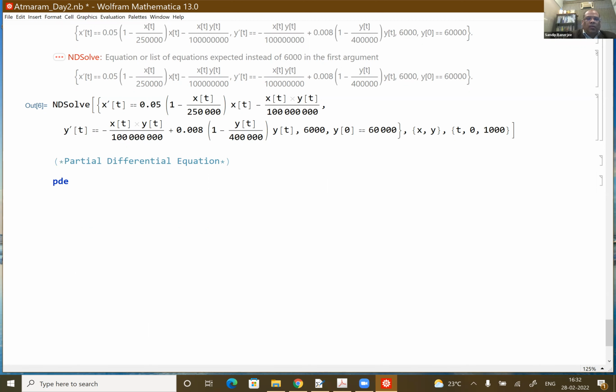Write PDE1. So the syntax for this is going to be, for both of them, it is DSolve and NDSolve, but there's a way of writing. I'm first using DSolve, that is, you can solve the partial differential equation analytically.